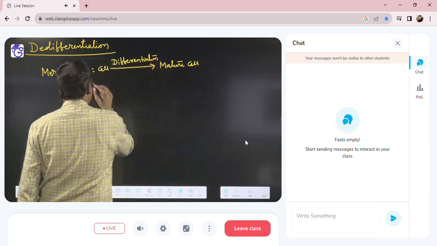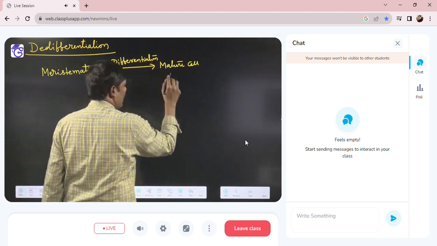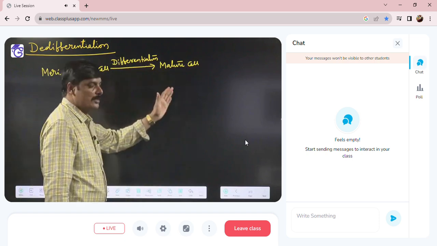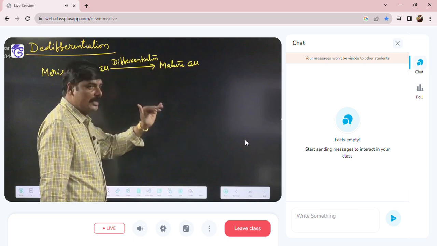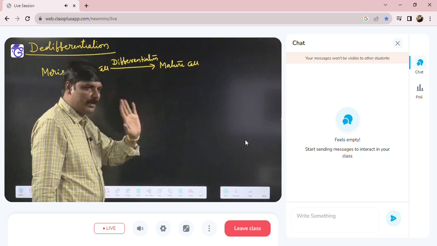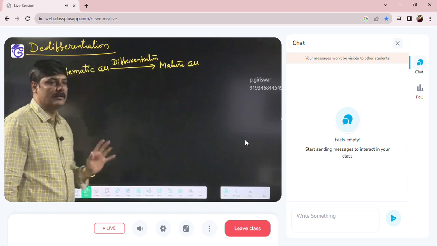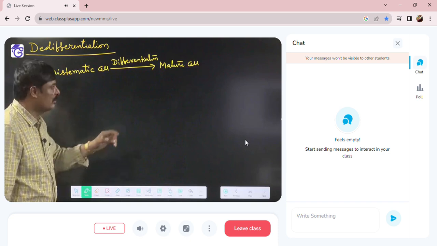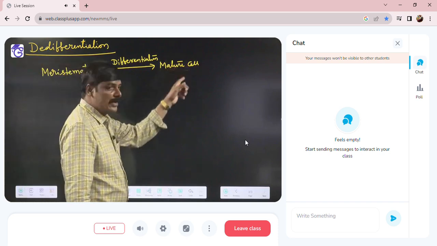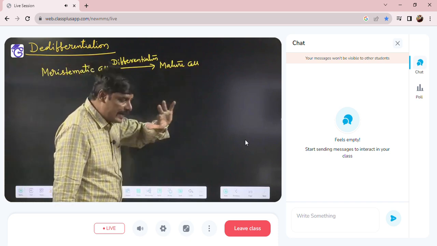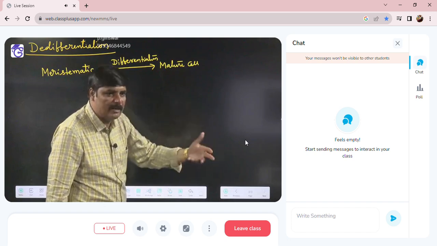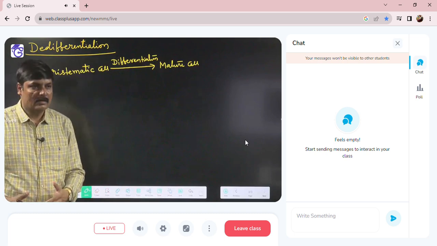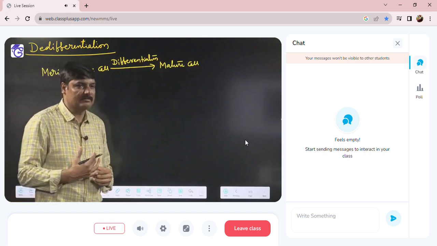For example, a meristematic cell forms a tracheid cell. So the meristematic cell becomes a mature cell. The mature cell does not divide further generally, but sometimes this differentiated cell again regains the activity of division.